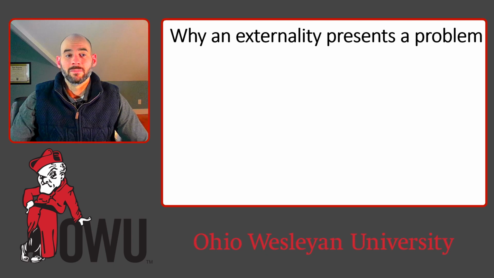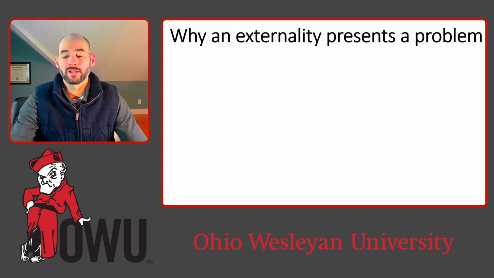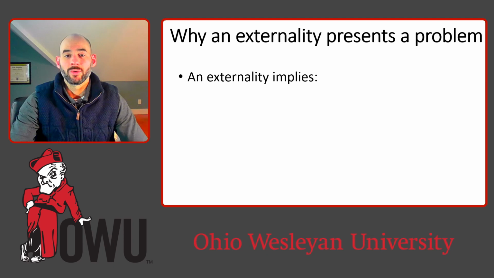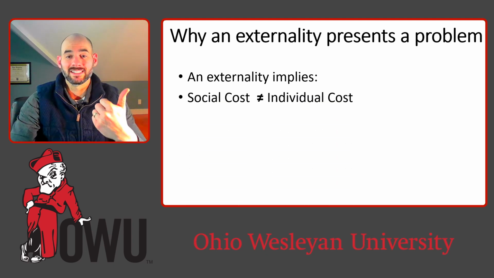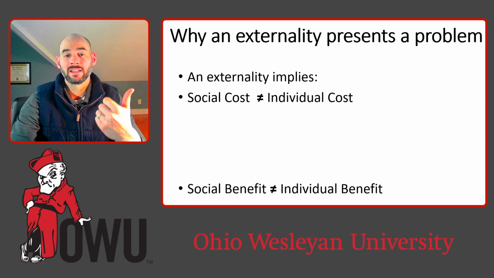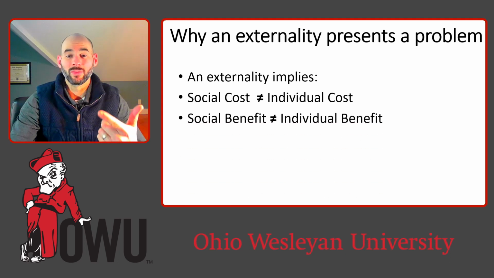So now that we have some examples in mind, let's go back to that consideration of externalities from a market perspective and think about why externalities present a problem. An externality will imply that either the social cost does not equal the individual cost, the social benefit does not equal the individual benefit, or both.